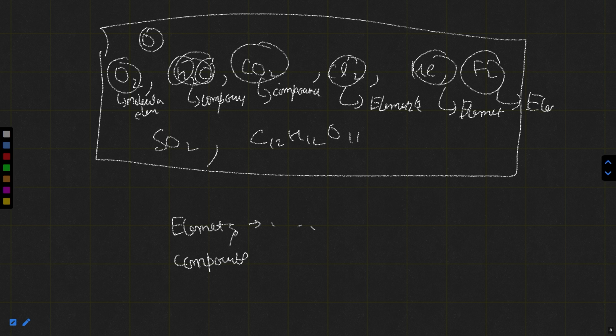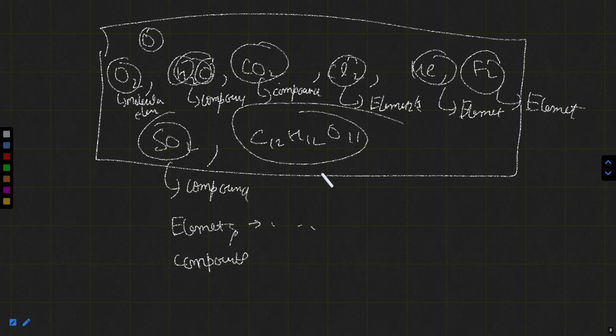F2 is also an element. SO2 is made up of sulfur and oxygen, so it is a compound. C12H22O11 is composed of carbon, hydrogen and oxygen, so it is also a compound. So you should be very clear about what an element and what a compound is. This was the classification of pure substances into elements and compounds.